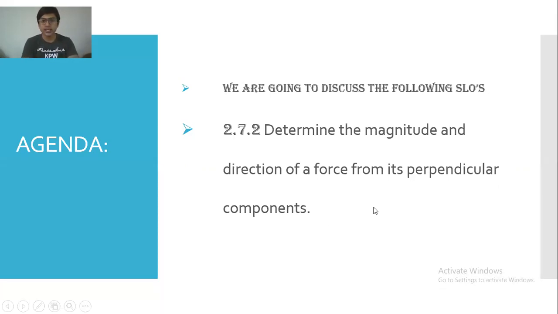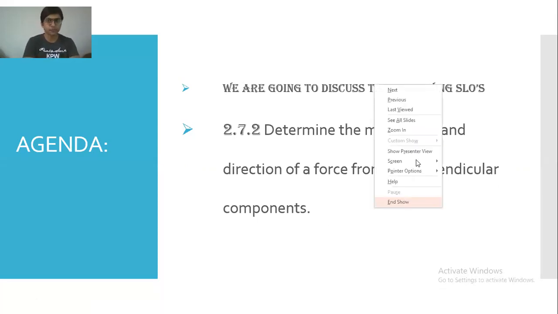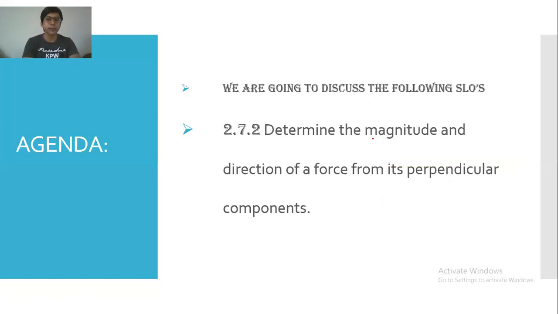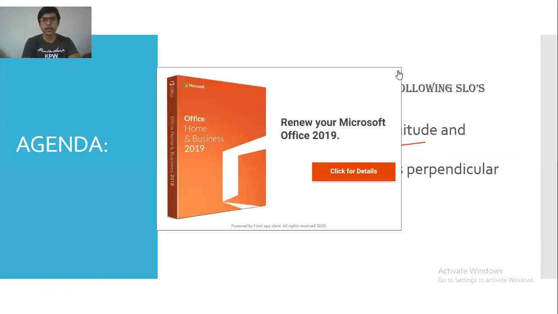It means that we will have the perpendicular components, which are Fx and Fy, and with their help we will determine the magnitude and the direction of the force. Okay, so let's look forward.